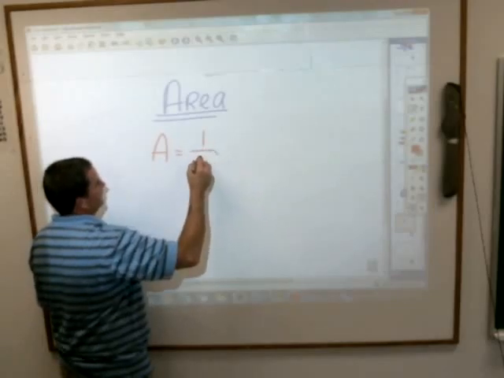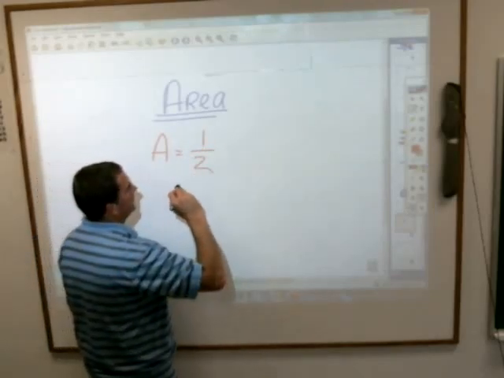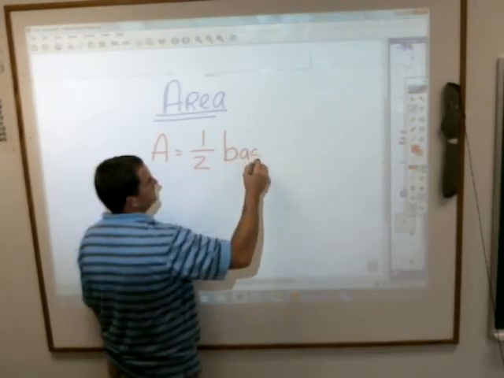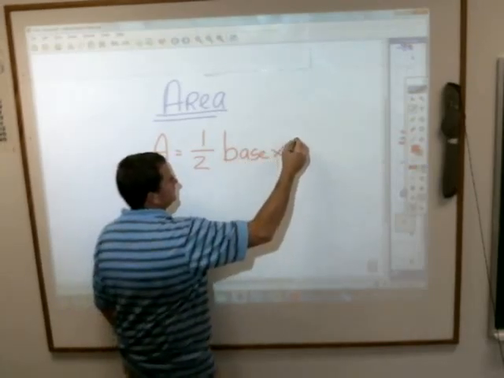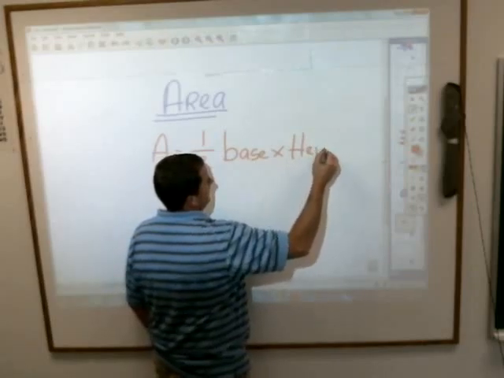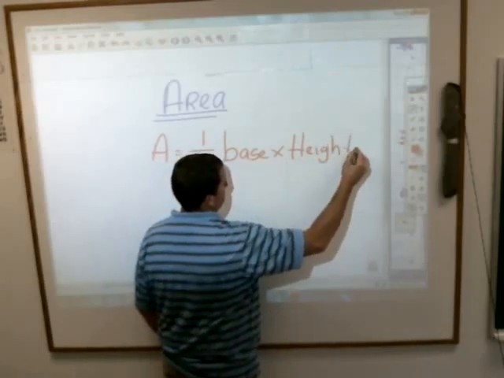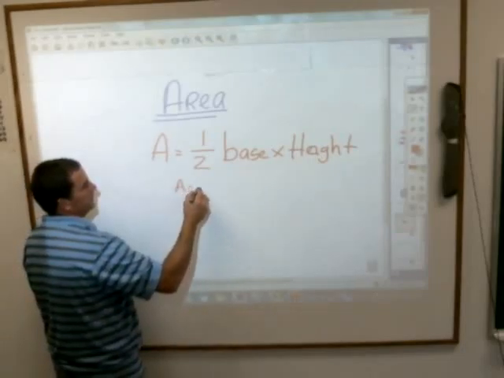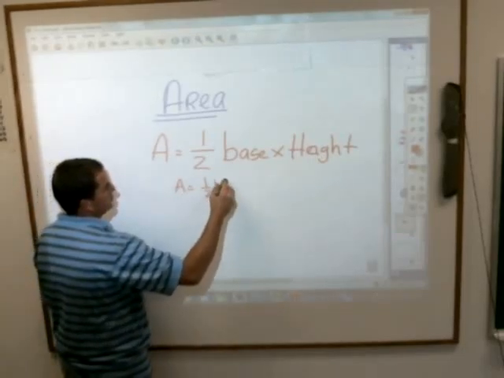Well, actually, we have to call it not length times width, but base times height. And there's a good reason for that. Abbreviated, we write it like this: area equals 1/2 BH.